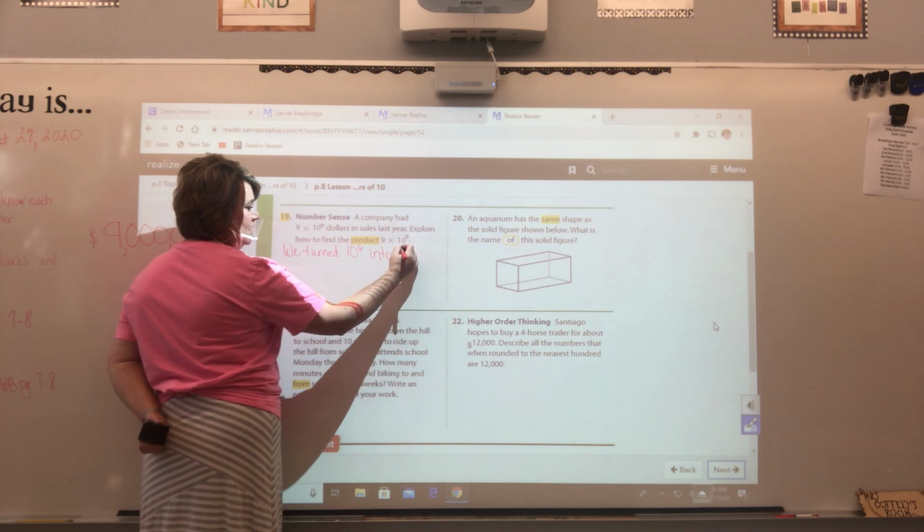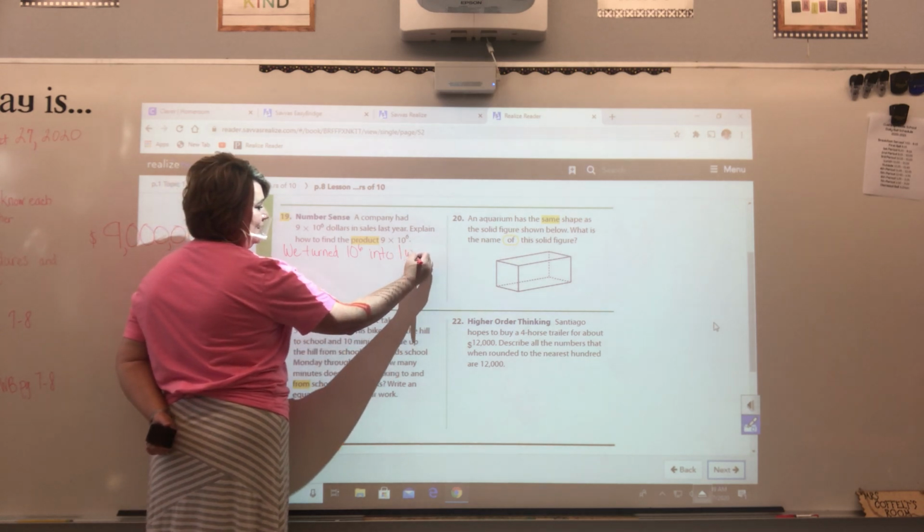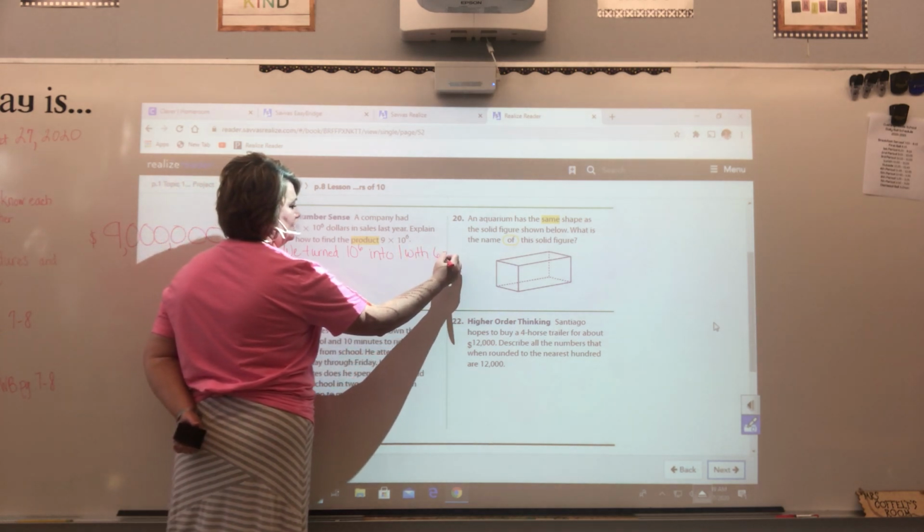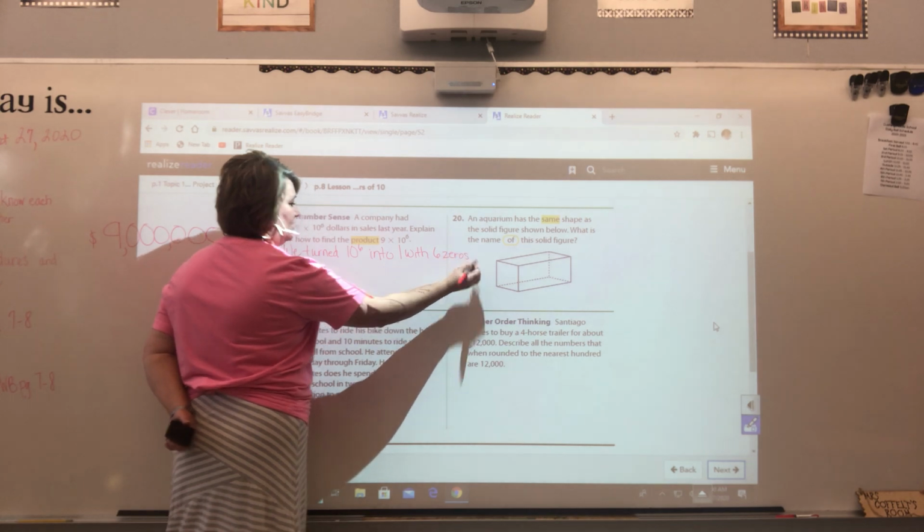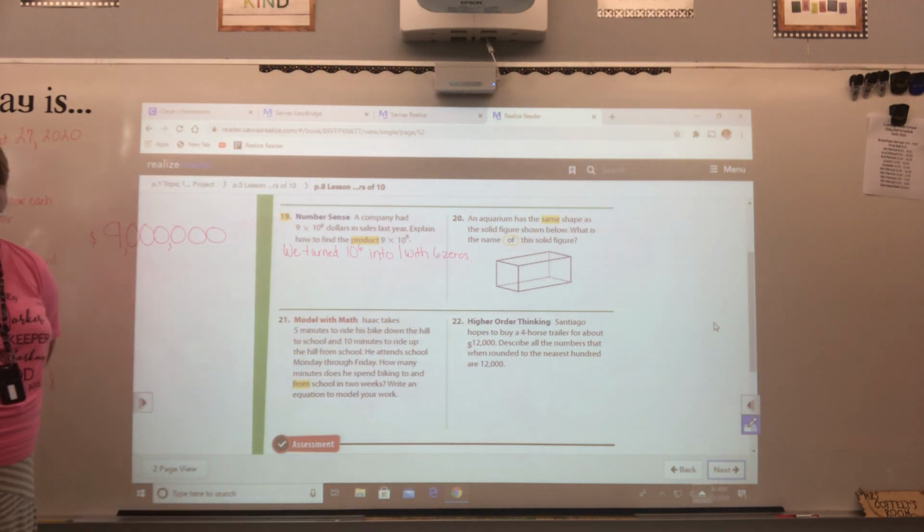We put a 1 with 6 zeros. And look, Ms. Caulfield did capitalize the beginning and she put a period at the end. You have to write this too. We turned 10 to the 6th power into a 1 with 6 zeros. You need a period. This is a real sentence.